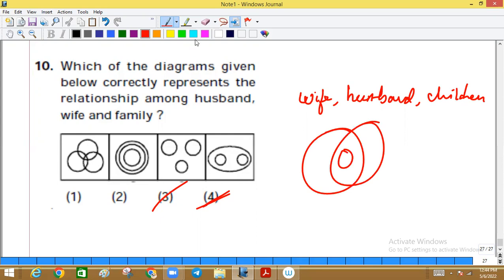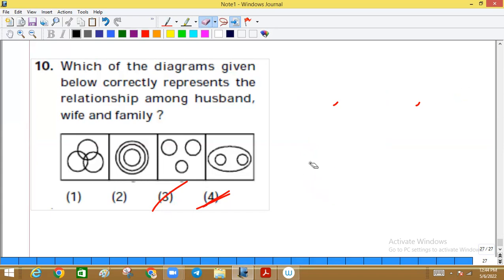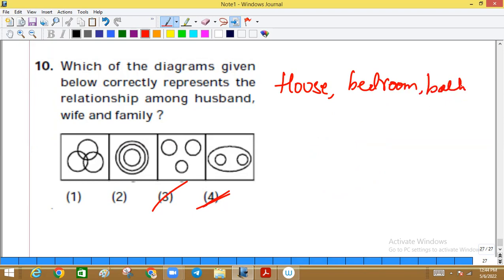One more question, you write. House, bedroom, bathroom. Yeah, 4. Same options, same 4 options. 4 or 2?